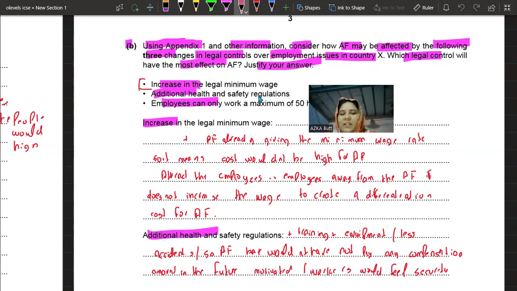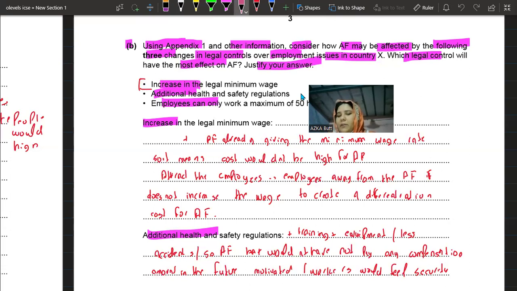Basically there are three types of legal controls, and every legal control may affect AF differently. Maybe among these three, one legal control affects AF very much, while the rest of the two don't affect AF's business activities a lot.